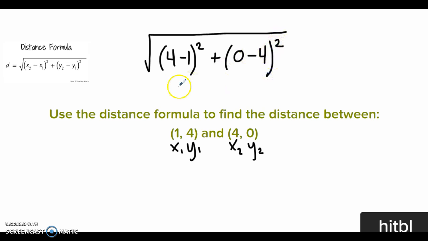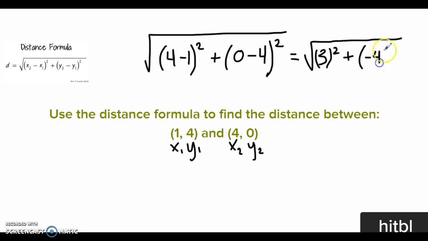And then we solve inside the parentheses next. So our square root, 4 minus 1, we get a positive 3, plus 0 minus 4 is -4, squared. Even though you should know how to subtract integers, please make sure you double check sometimes in your calculator if you're double checking your work.